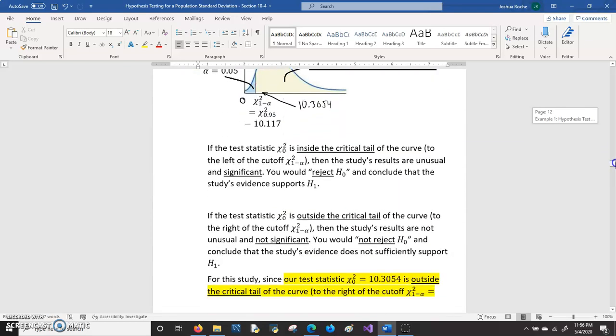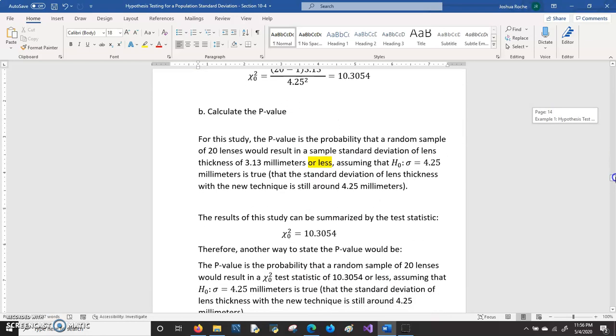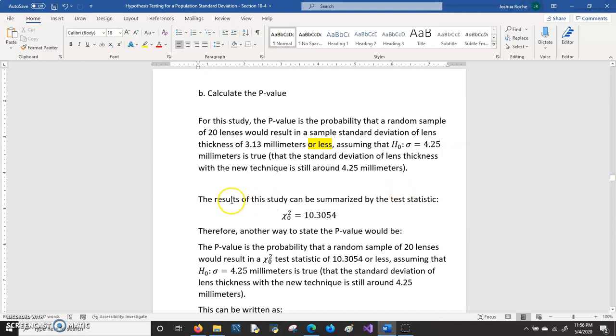Okay, we'll go back to the p-value. So again, the results of our study can also be summarized by this test statistic. So instead of saying that a sample of 20 lenses results in a standard deviation of 3.13, this kind of summarizes that whole result. And therefore, another way to state the p-value would be this way. We could say the p-value is the probability that a random sample of 20 lenses would result in a chi-square test statistic of 10.3054 or less.